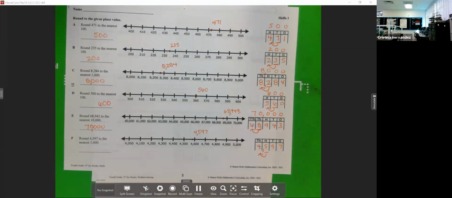What number's going to say to round up? 5 or more, raise the score. 4 or less, let it rest.